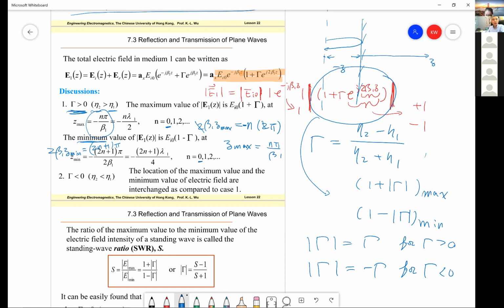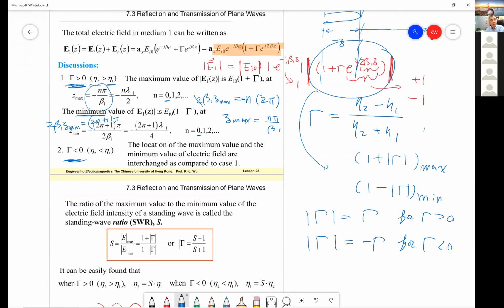So at different locations, we can see the field reach a maximum or a minimum, but the minimum is not necessarily equal to 0, okay? And the other way around, when gamma is less than 0, the result is offset, okay?